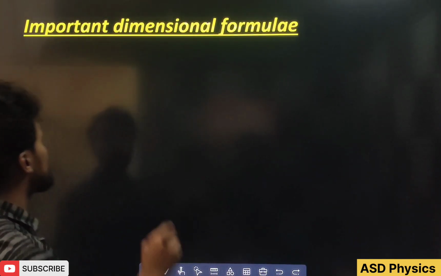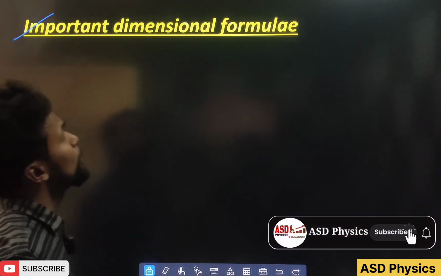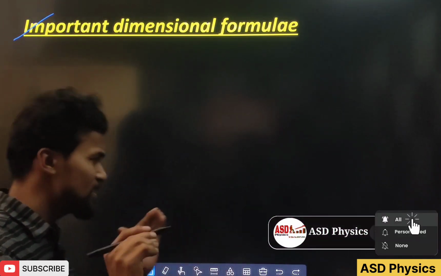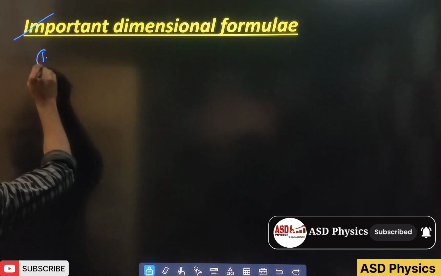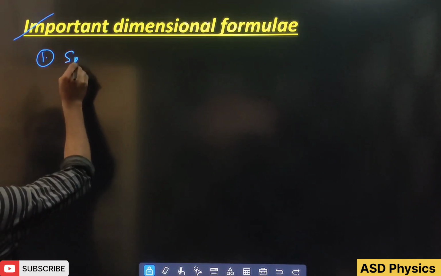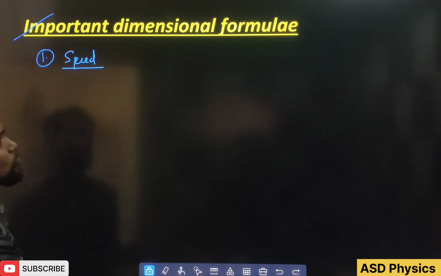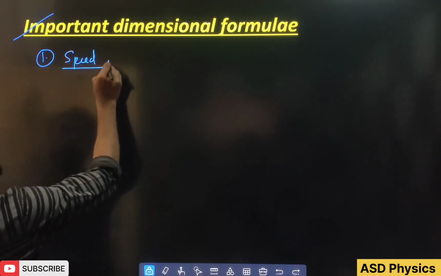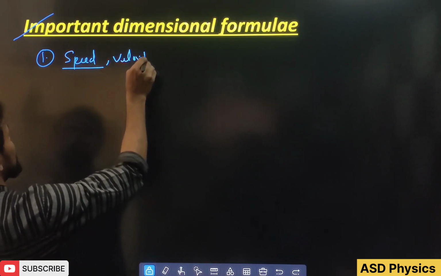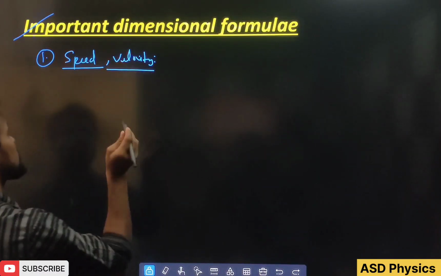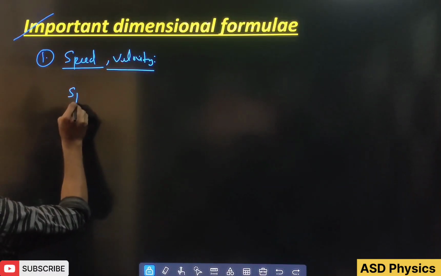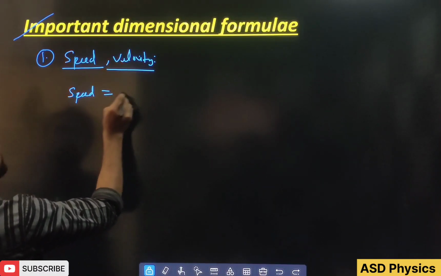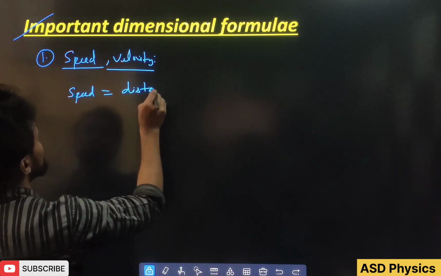Now, students, we are going to see important dimension formulas. We will learn how to do it. First one is, if I write for the speed, or even for the velocity, either speed or velocity, both are the same. We know very well, speed means distance by time.